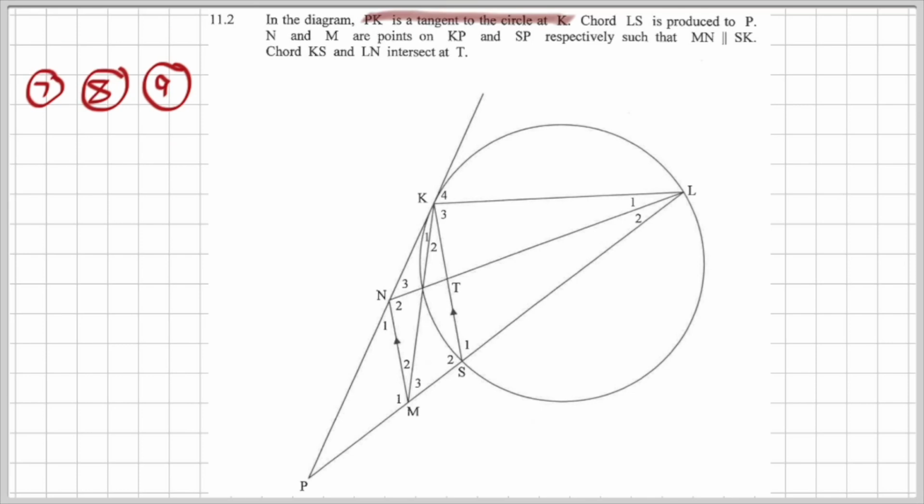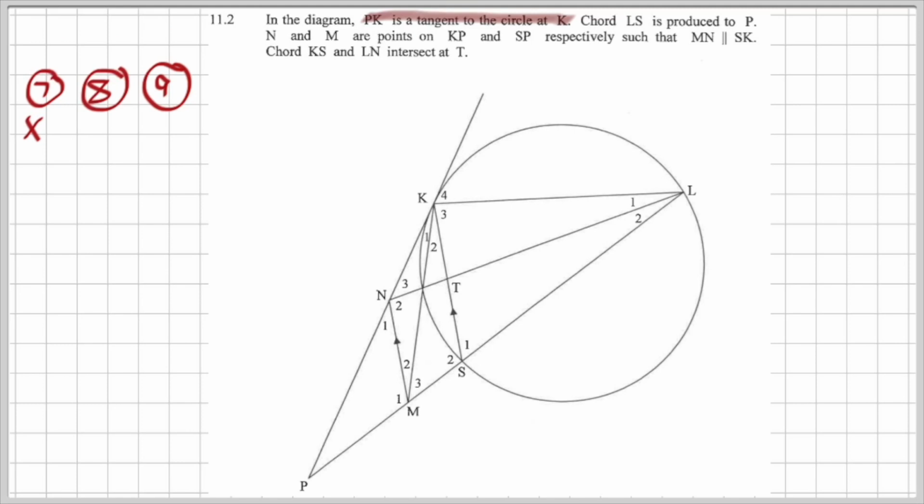First of all, I cannot use theorem 7 because I don't have a radius. I don't have a line from the center of the circle to that point K. So therefore, I'm not going to use theorem 7.